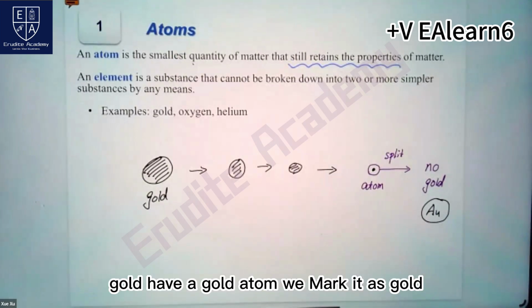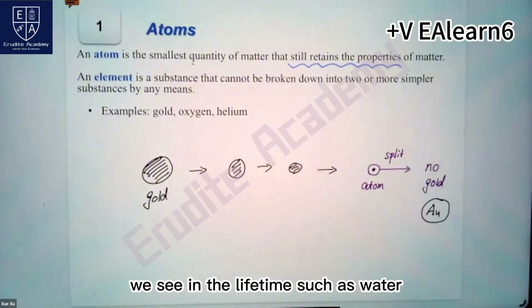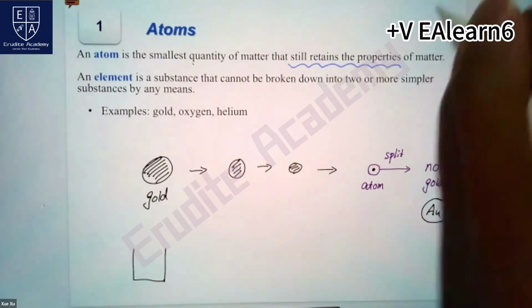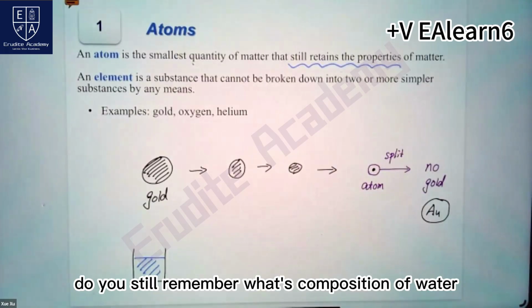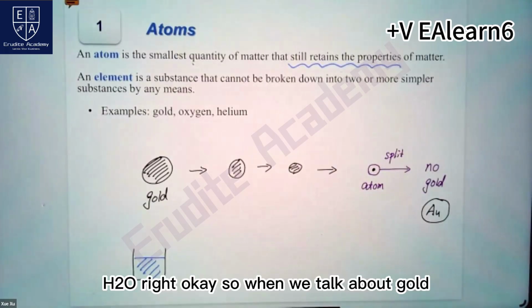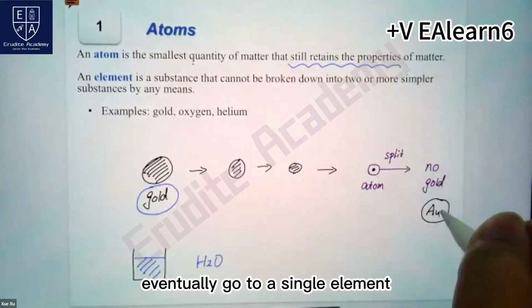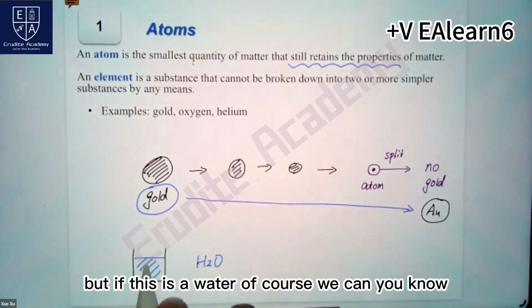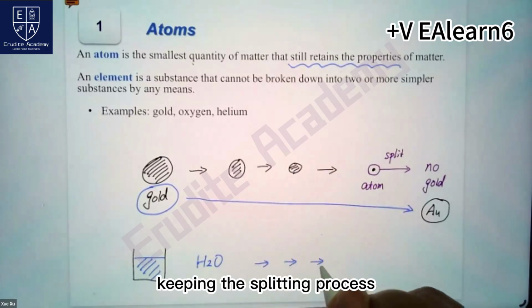We mark it as gold, but certain compounds or certain substances we see in life, such as water, right? Do you still remember the composition of water? H2O, right? Okay, so when we talk about gold, we're talking about a single element. But if this is water, of course, we can cut the water volume in half and keep splitting.